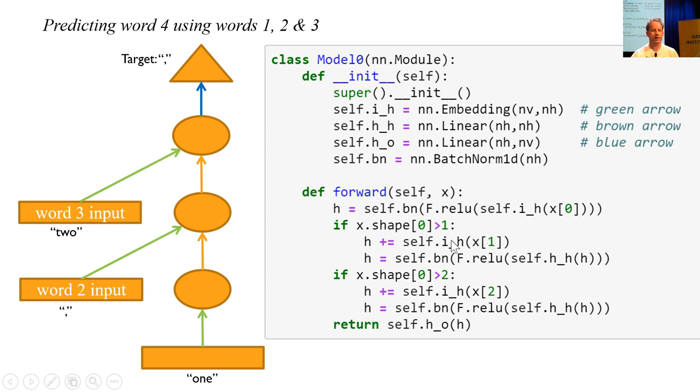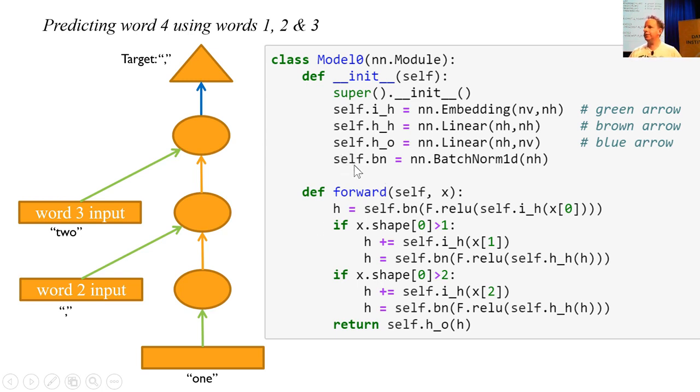Remember, that's IH, right? And then our new H is the result of those two added together, put through our hidden to hidden, orange arrow, and then ReLU, then batch norm. And then for the second word, do exactly the same thing. And then finally, blue arrow, put it through HO. Right? So that's how we convert our diagram to code.